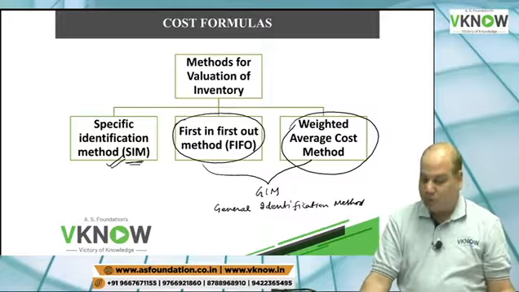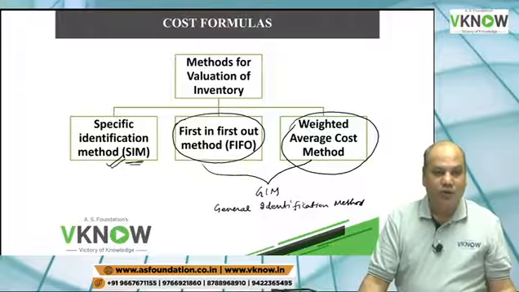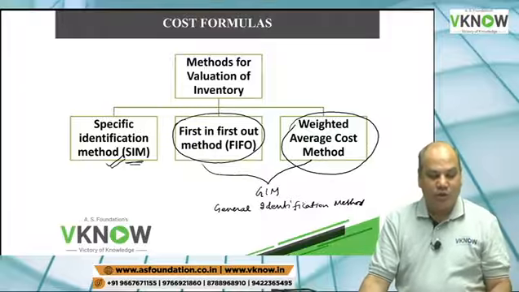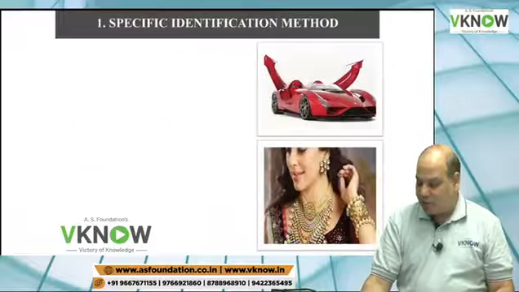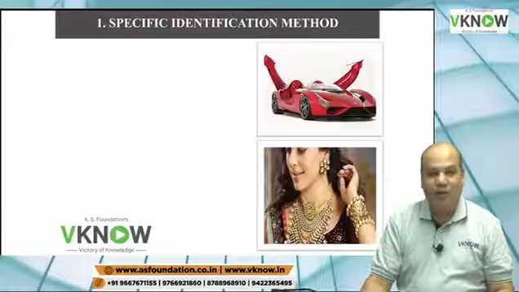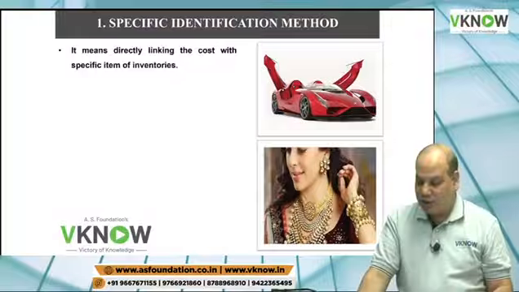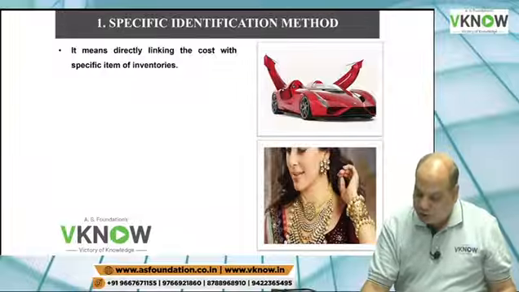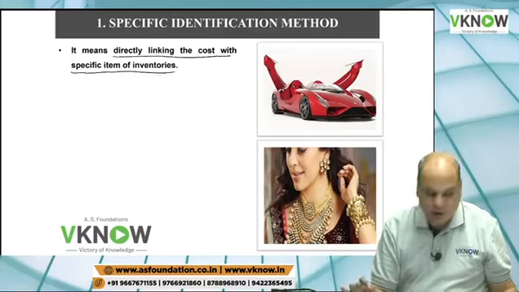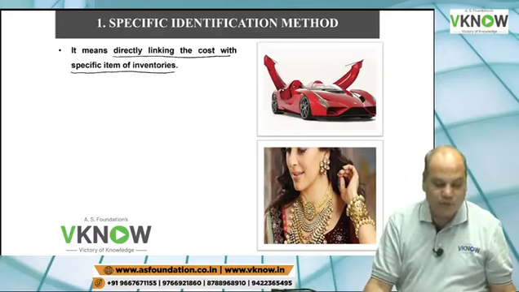Now, when will you apply SIM? SIM can be applied only in limited situations. SIM can be applied only in limited cases, when you can directly link the cost with a specific item of inventory.